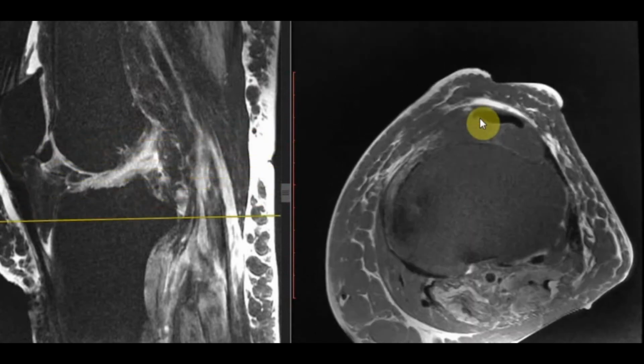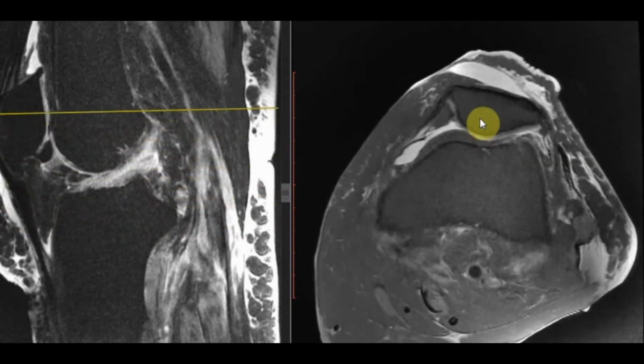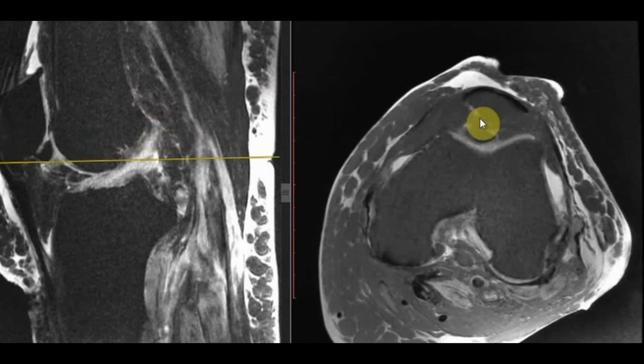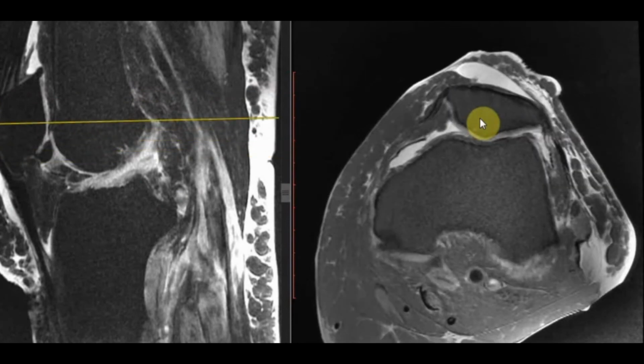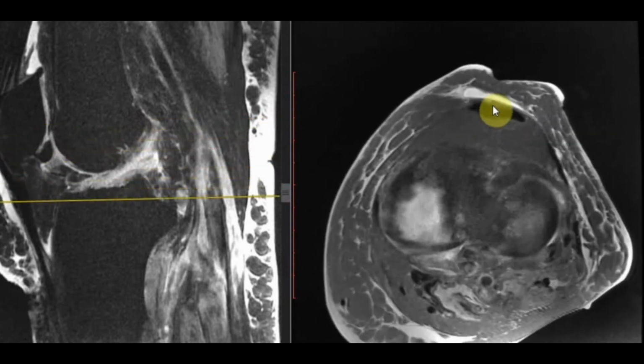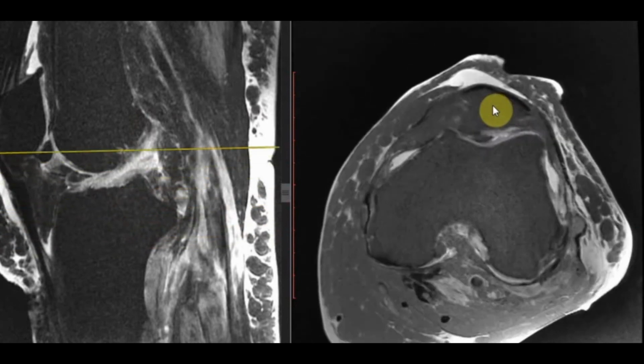This collection is basically because of the degloving injury, because of the shear injury that the patient sustained, and it led to formation of a seroma, or fluid collection, anterior to the patella. So this is a Morel-Lavallée lesion. And there is extensive edema all around the knee joint.